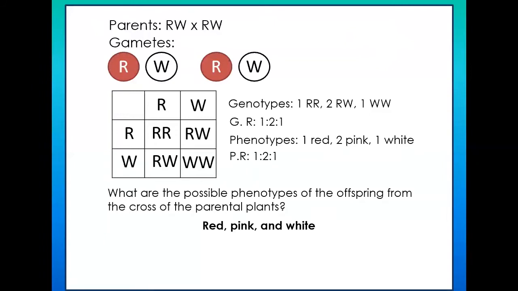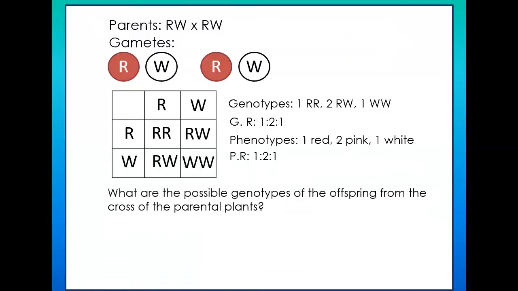There are other environmental factors that could lead the parents to not produce this kind of phenotypes for their offspring. But again, these are possible. There's a big chance of having red, pink, and white, but the chance is 25, 50, and 25 from the discussion we had earlier.